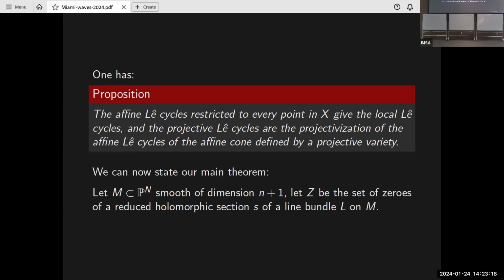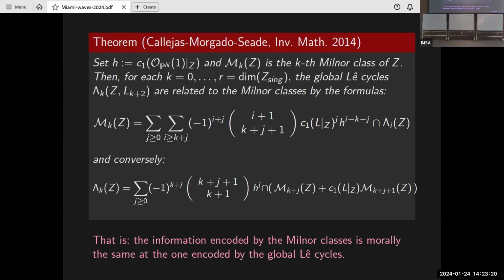And then our main theorem is that if you take a projective hypersurface, you take the topological boundary, then for each dimension, the Milnor class is determined by this class of the topological boundary times the polar cycles. And conversely, the polar cycles are determined by this class.